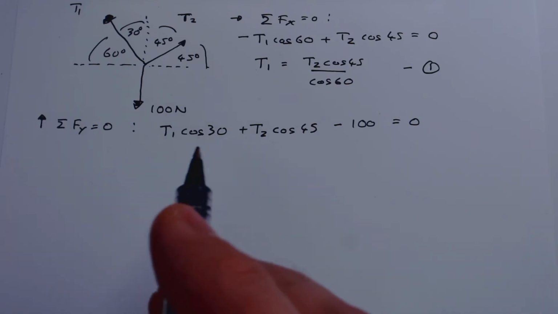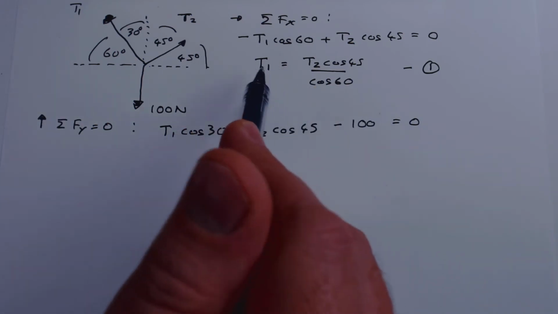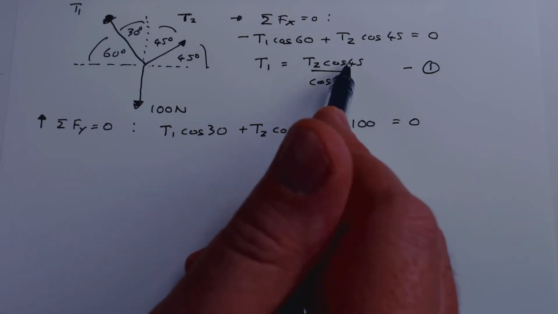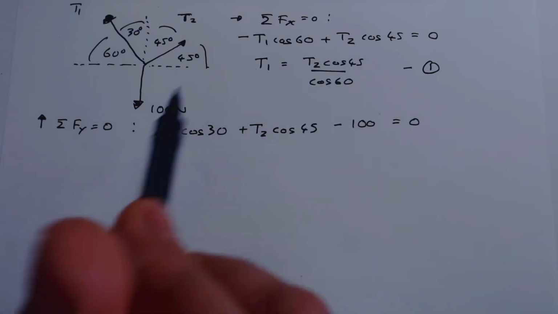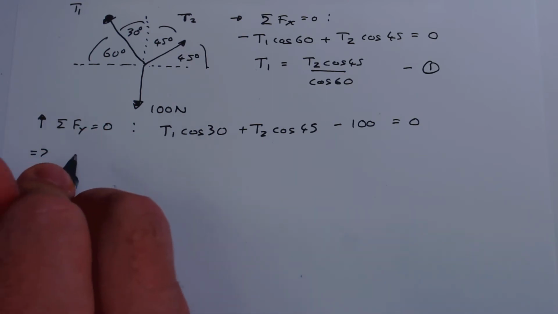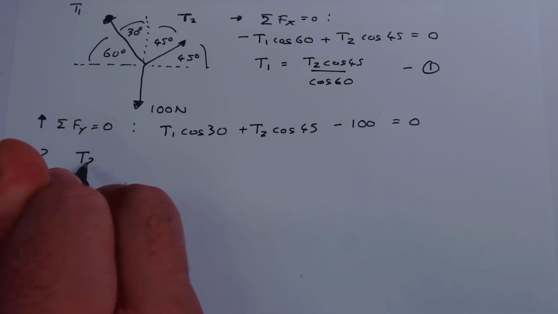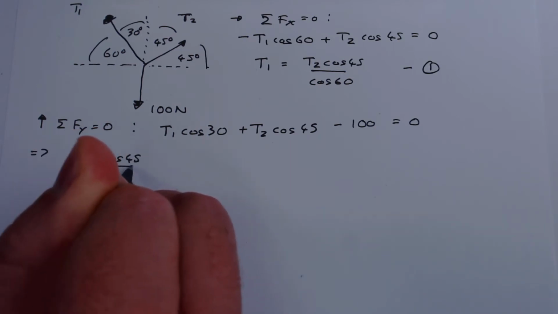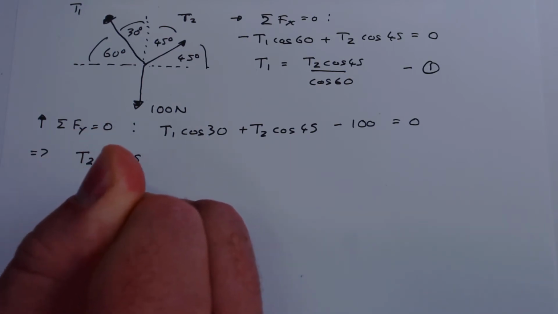Right, so next stage is we've got to decide what substitutes into what. So we're going to get rid of the T1 and substitute the T2 in this expression here on the left. So we'll have T1, I'll replace that with T2 cos 45 divided by cos 60.